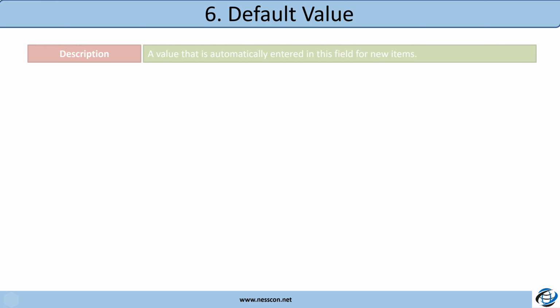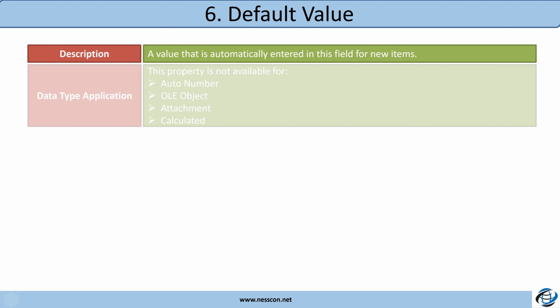The next property we are going to learn is Default Value. The description of Default Value is a value that is automatically entered in this field for new items. This property is not available for auto number, OLE object, attachment, and calculated.